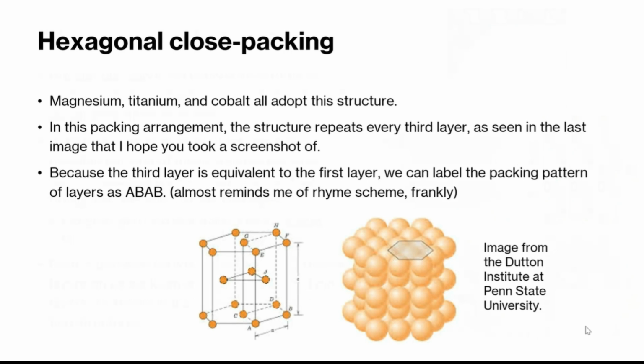Overall, this is one of the most efficient forms of packing, if not the most. In this packing arrangement, the structure repeats every third layer, as seen in the last image, and we can label the packing pattern of the layers as A, B, A, B, because that structure repeats every third layer.